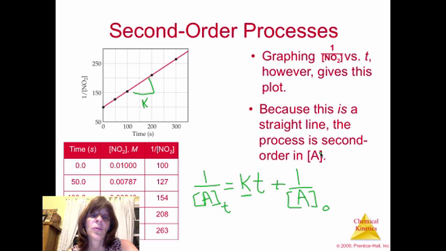So depending on which process gives you a straight line, you can determine the order in this way, as well as knowing the rate and the concentration change process that we looked at earlier.